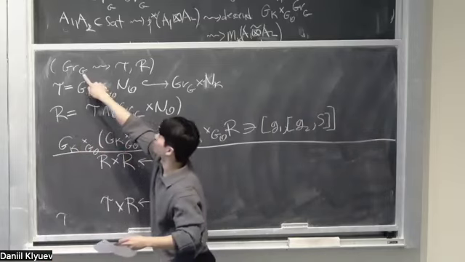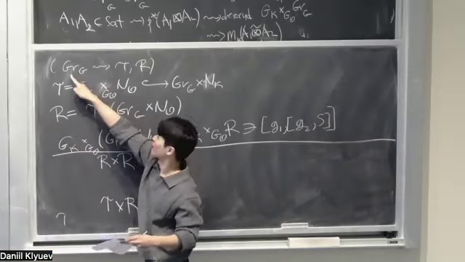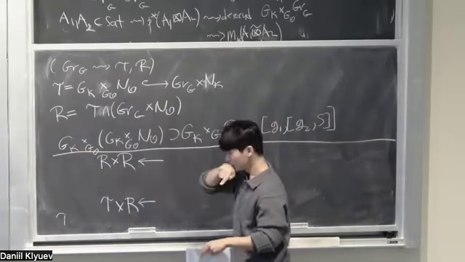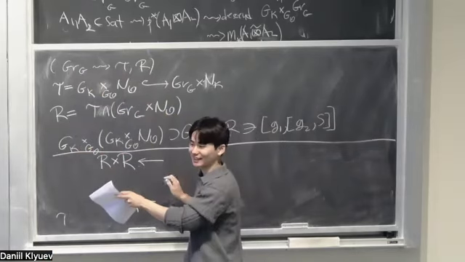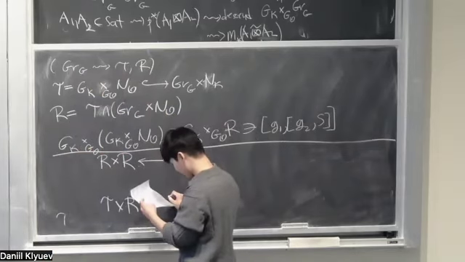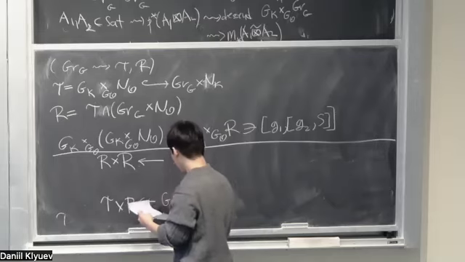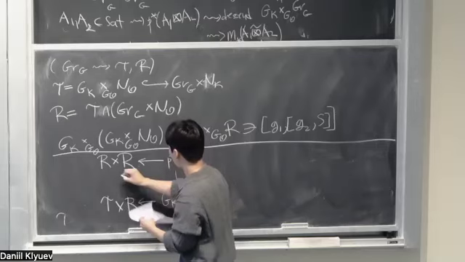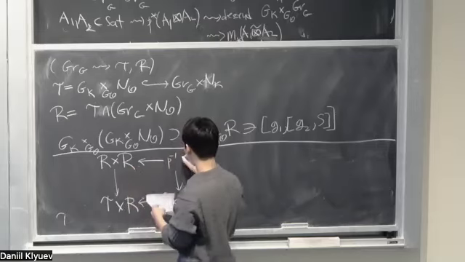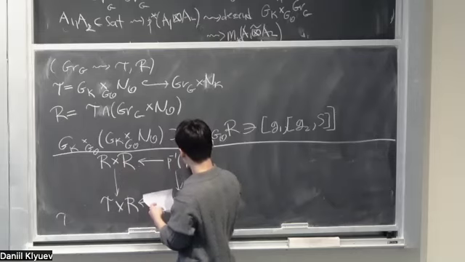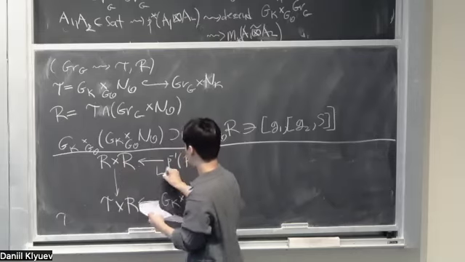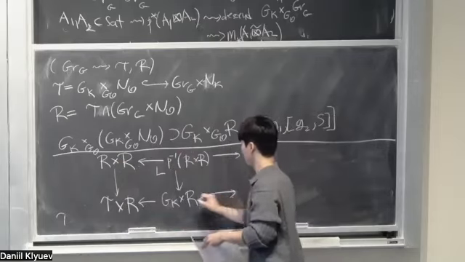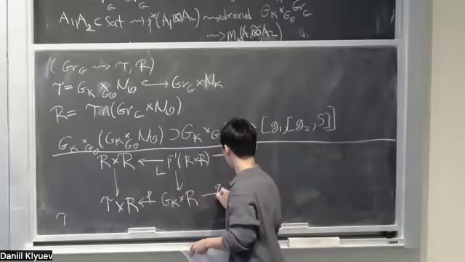In some places I'm replacing GK and by T or R. T here and R here. Okay, so this is just an obvious map. Then we take the fiber product. And then write this as P, like this as Q.